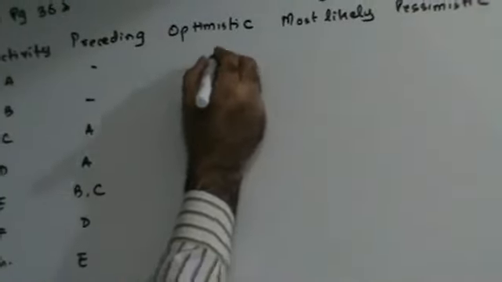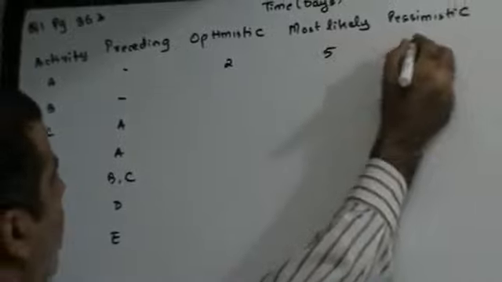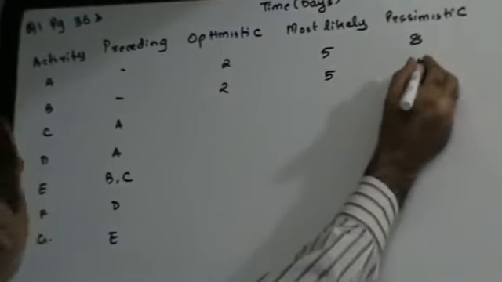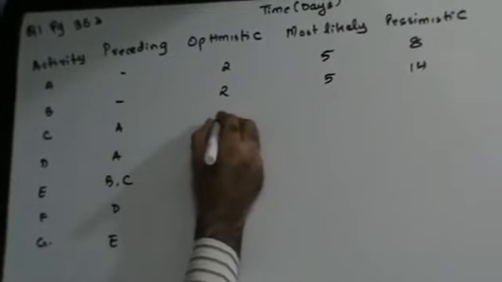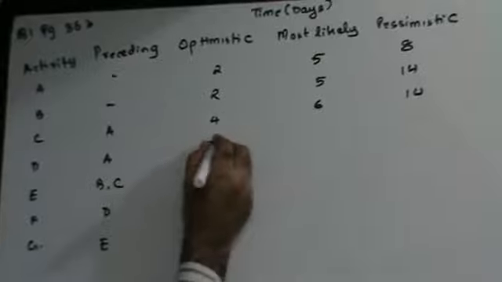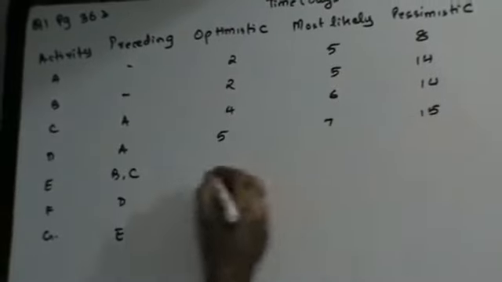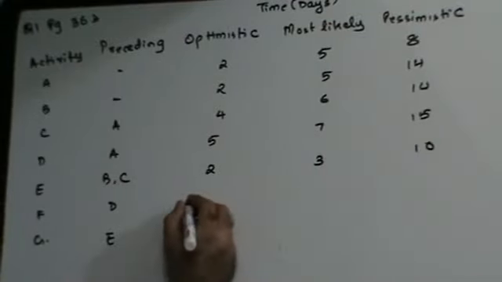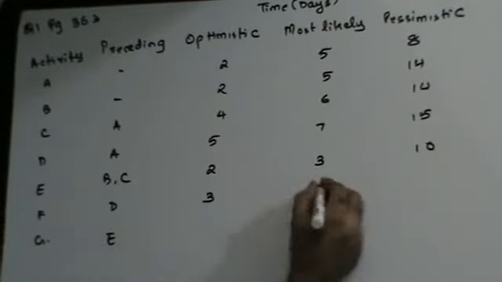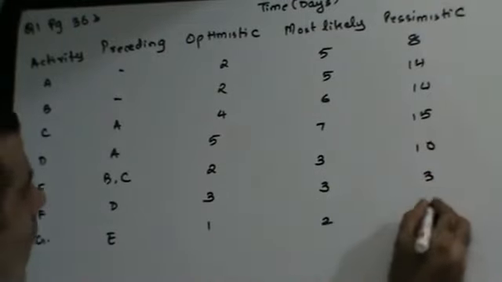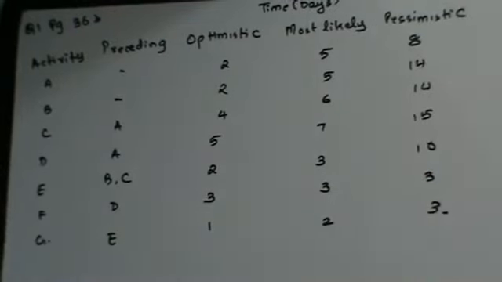Right, 2, 5, 8, then 2, 5, 14, then 4, 6, 14, then 5, 7, 15, then 2, 3, 10, then 3, 3, 3, and 1, 2, 3. This is the data that's given to you, right?